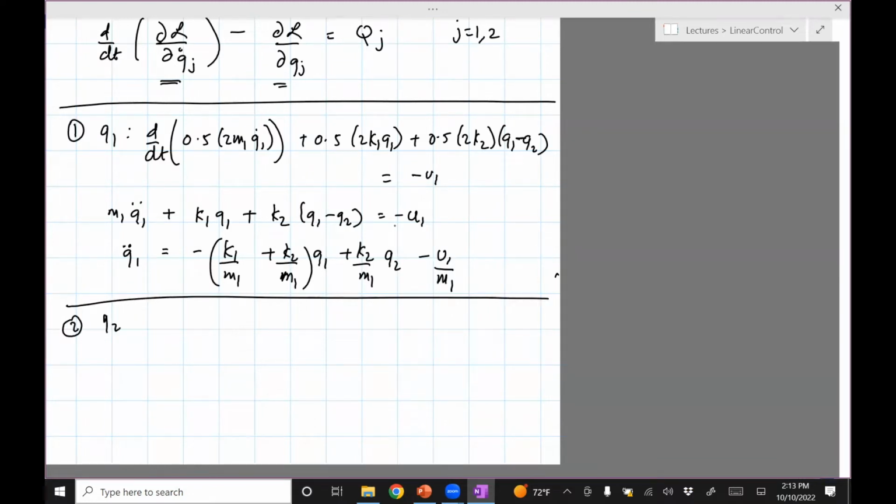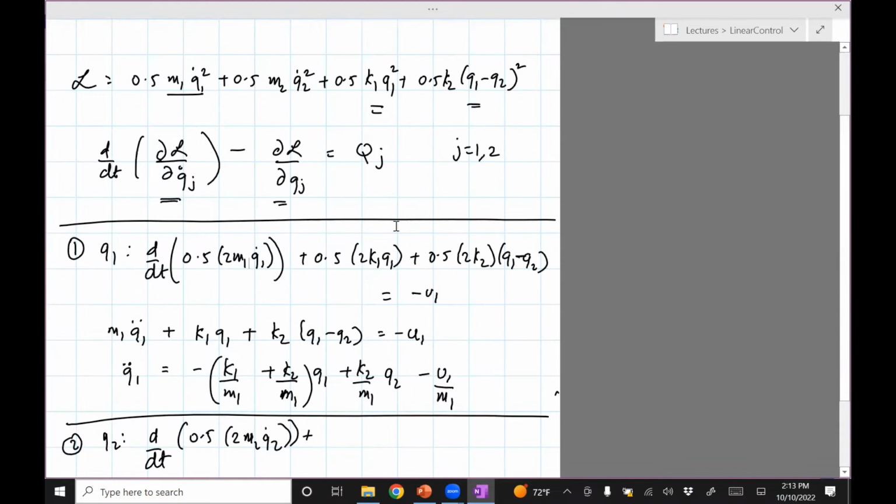So like before, you'll have 2 M2 Q2 dot. Then when you take the derivative with respect to Q2, we see that the first term involving K1 isn't going to contribute because it's times Q1. So only the second term contributes.